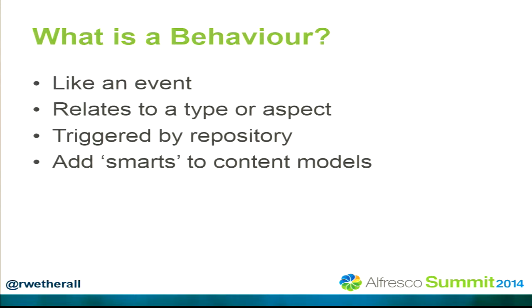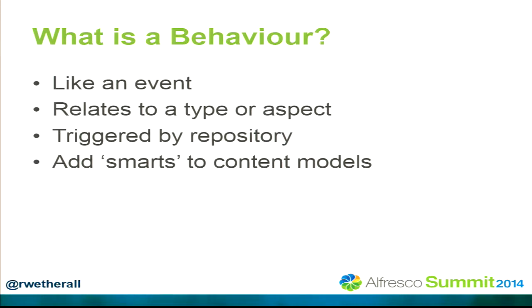Basically they're like an event, and the difference between them and an event is that they additionally relate to a type and an aspect. That means you can say that on the creation of a cm:content, then do this thing. The things that are fired are filtered by the type or aspect that you're working on. This is the way that, sometimes we talk about smart models, and I talk about smart records, and this is really the mechanics behind that.